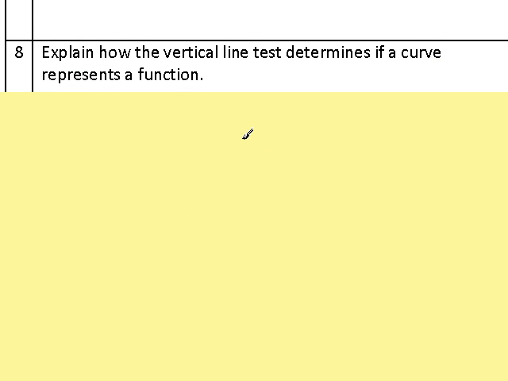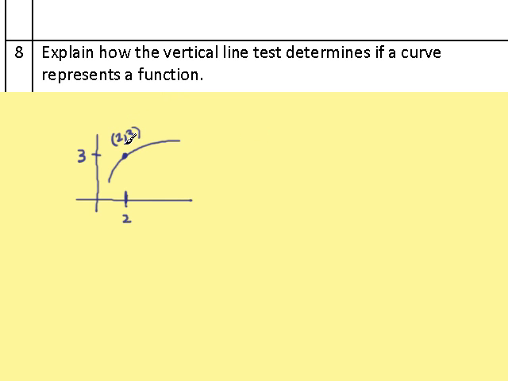And in number 8, we're going to explain how the vertical line test determines if a curve represents a function. So if we have a curve, let's say this is x value 2, and if we look at the point above x equal 2, let's say this is 3, then this curve represents a function where 2 is related to 3.